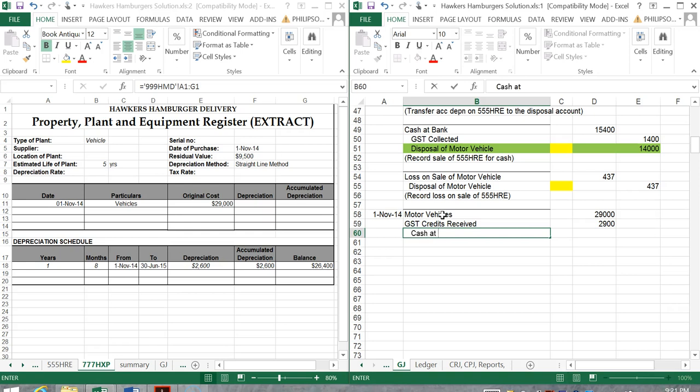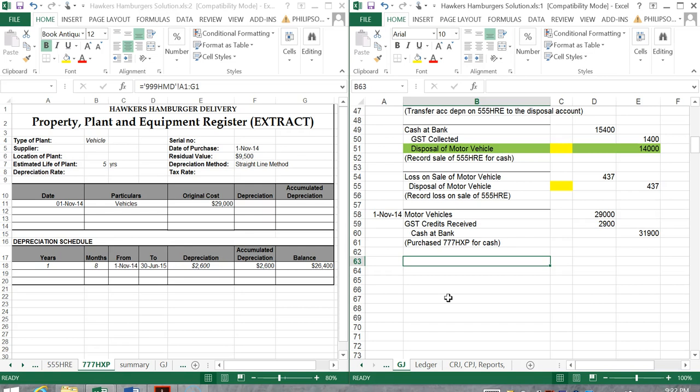So cash at bank equals 29,000 plus 2,900. So we purchased 777 HXP, cash. Underline that.